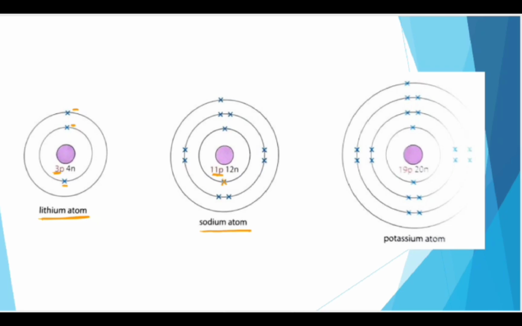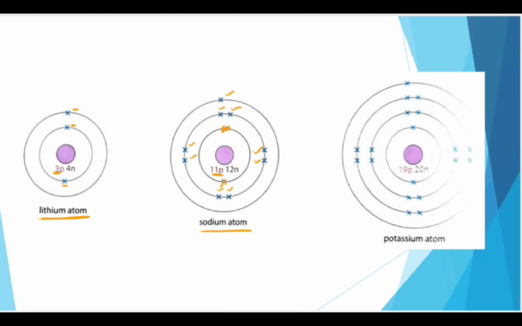First shell, K shell, has 2. Next shell will have 8. So 1, 2, 3, 4, 5, 6, 7, 8. 8 in the L shell and 1. So 11. That's how you place it.